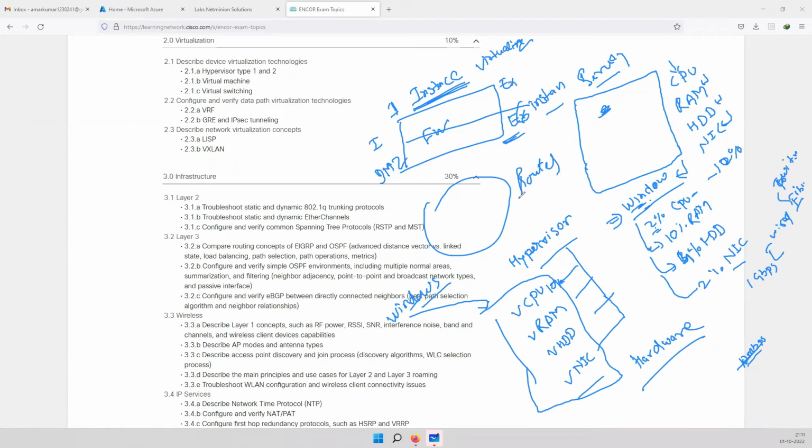Let's take the example of a router. Earlier there was one routing process running, just one OSPF instance. But when you do the virtualization, routing segregation can happen, and multiple OSPF instances can be run using VRF.